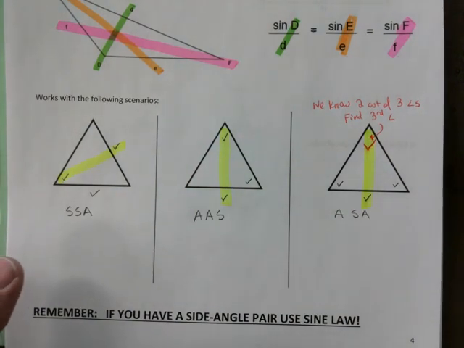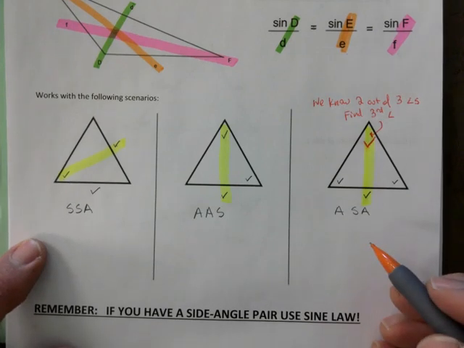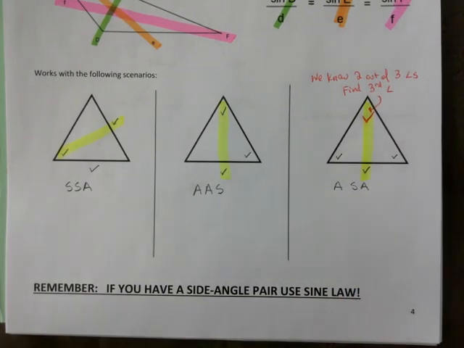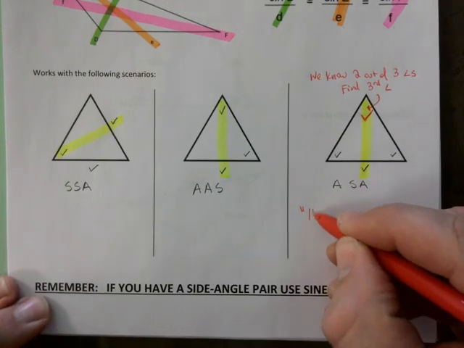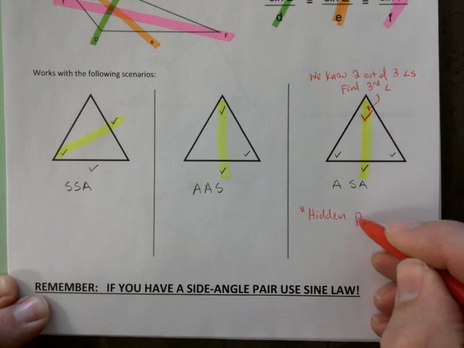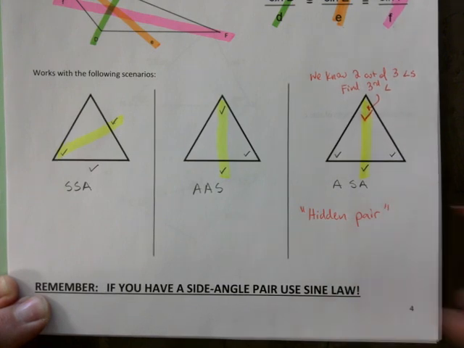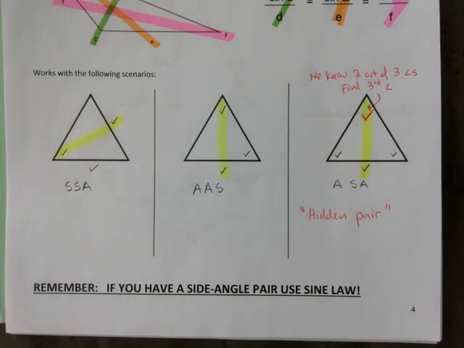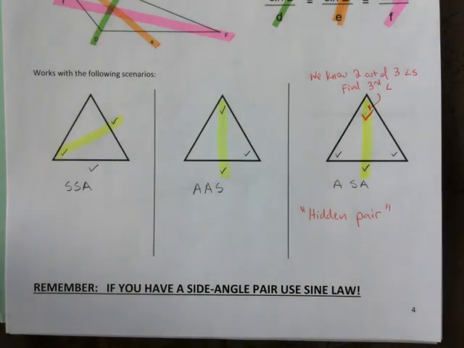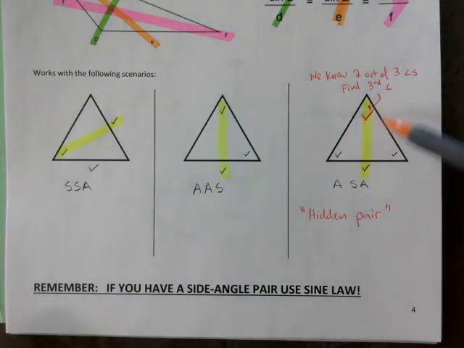Okay, pay attention, guys. This is what I call the hidden pair. So it's the couple that hasn't announced it yet. They're not holding hands in the hallways yet, right? So it's a hidden pair.